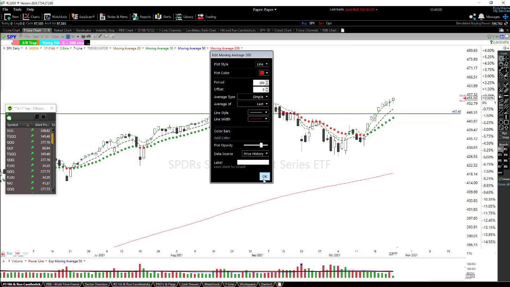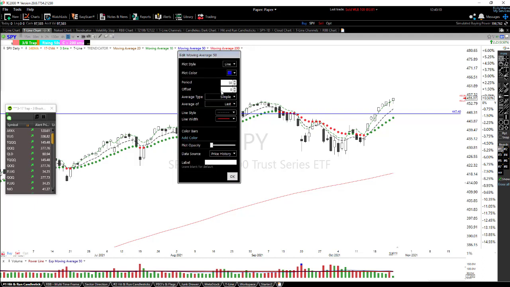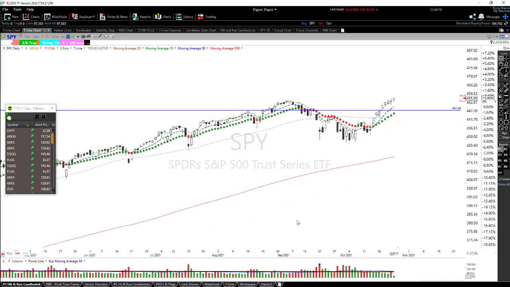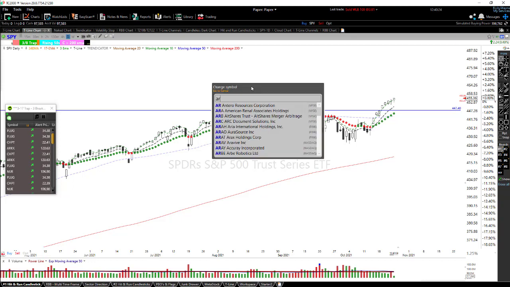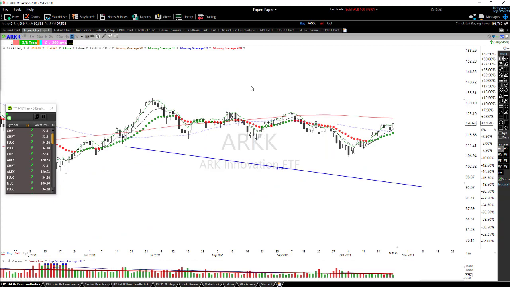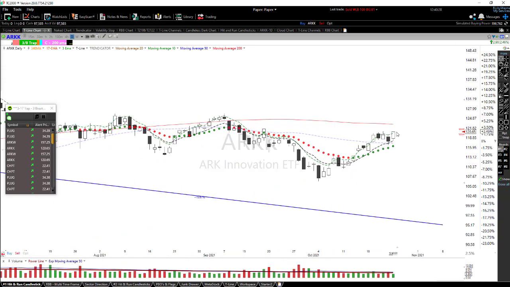I think I read somewhere that 30% of the market reports this week. FANG stocks report, so a lot of things can change here. So I'm going to try to buy something here, ARKK. ARKK is a 3/8 trap. We're just now breaking out of that.